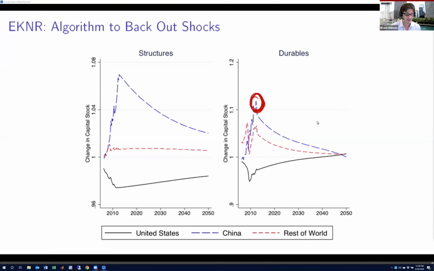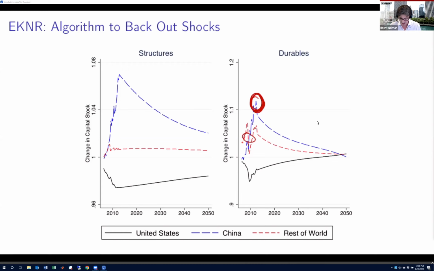Our exercise said China's durable capital stock must have been growing at about 1.1, or about 10%, in 2015, the point after which we assumed shocks didn't change. And then it allows you to see what that means the growth rate of China's equipment capital stock must have been in 2010, and you can go back in time from there.